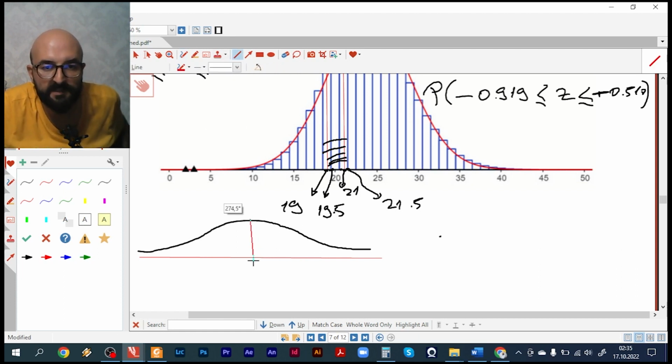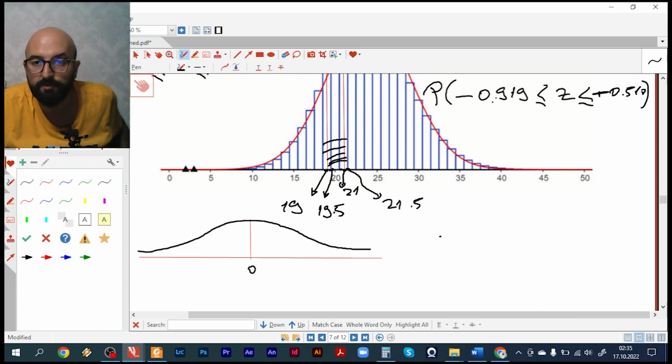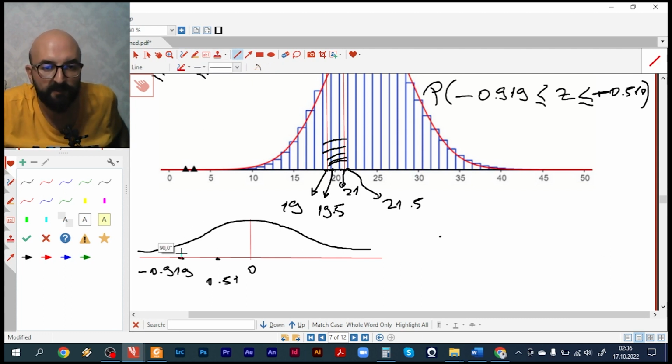This line means 0 because it is the middle of the curve in the normal distribution, and minus 0.919 is here, minus 0.51 is here, and we want greater than minus 0.919 and less than minus 0.51. Also we should figure out this area.